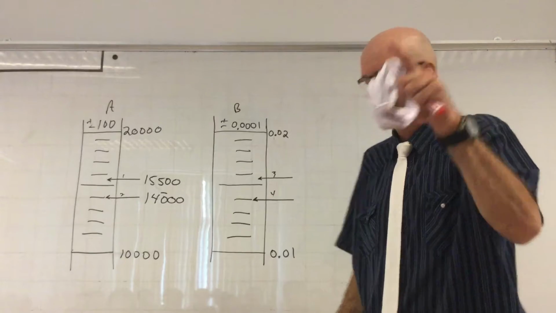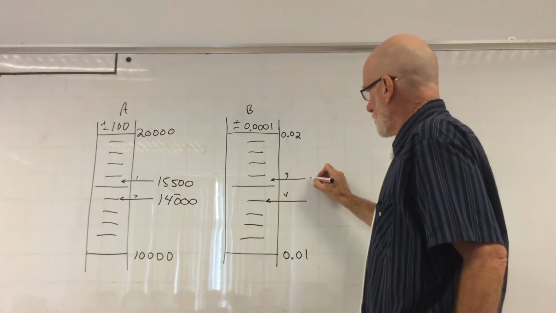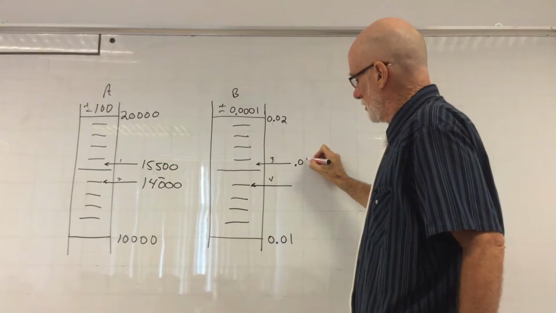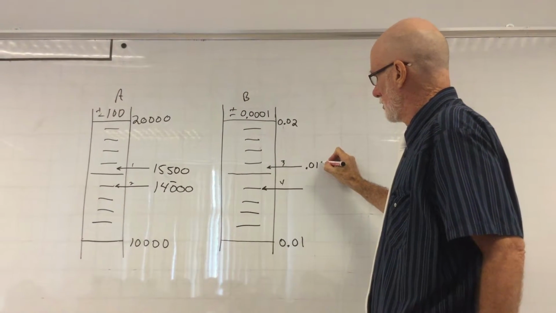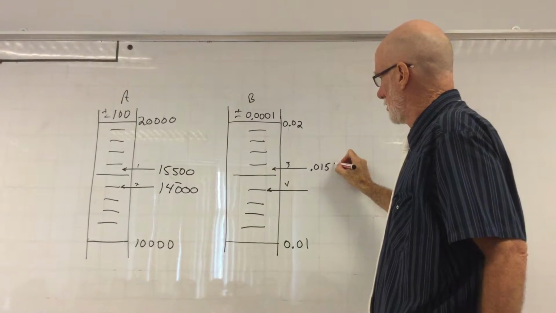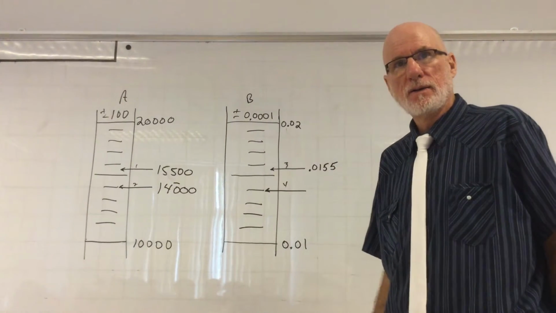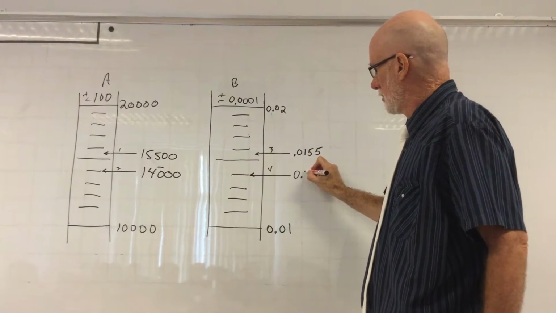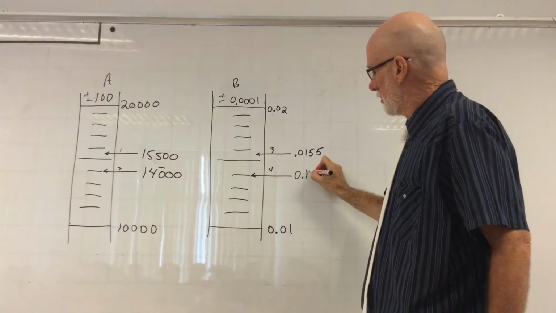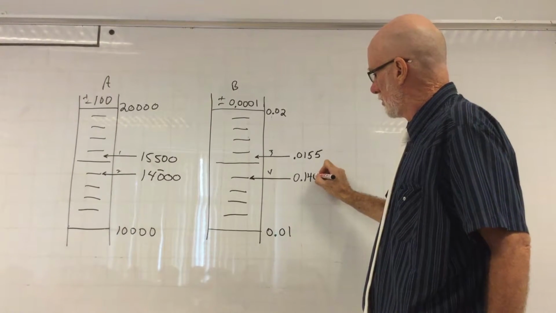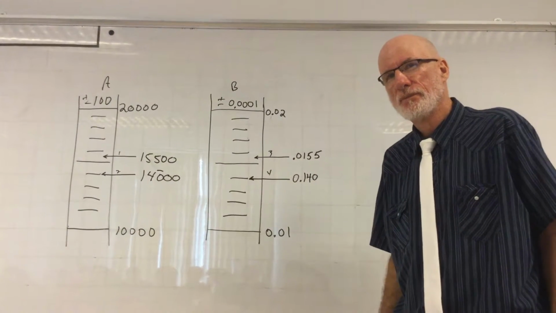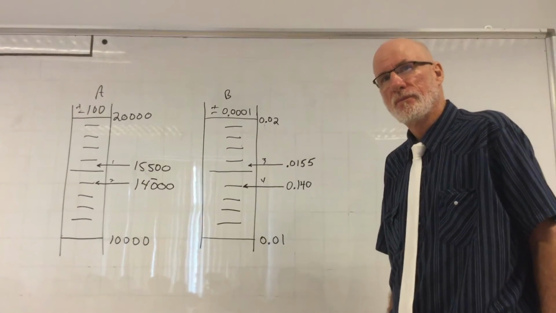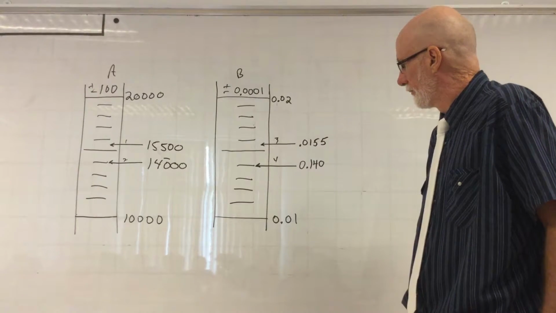This one would be 0.055. This one would be 1.440. Doesn't there need to be a 0 before the 1? No.